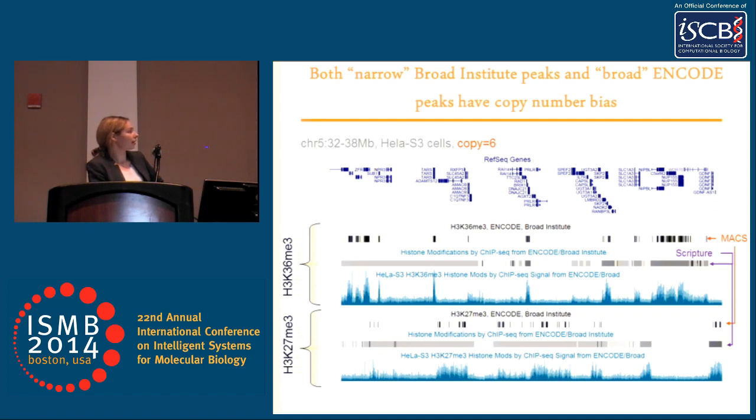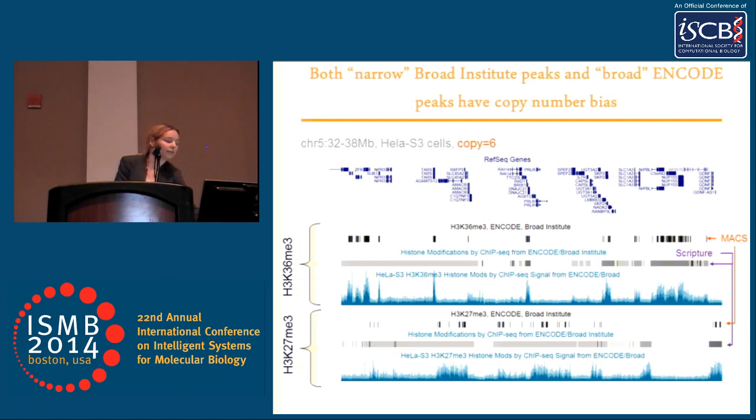Here density profile is shown for active mark H3K36 methylation, and here it's for repressive mark H3K27 methylation. You see that peaks which were predicted by Broad Institute, these large peaks, they don't really correspond to the signal you see. So I would put them somewhat differently.